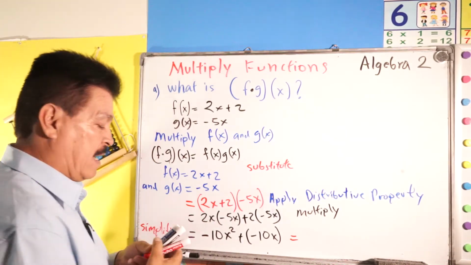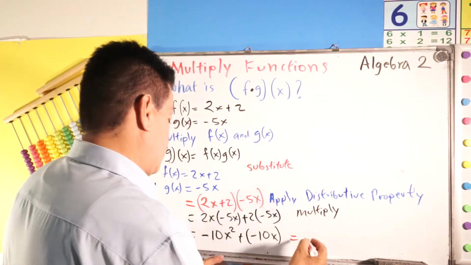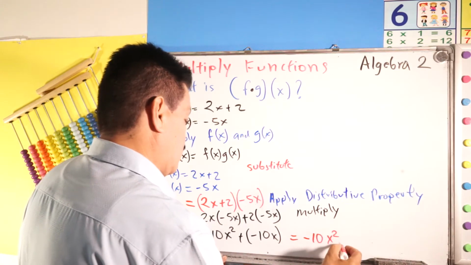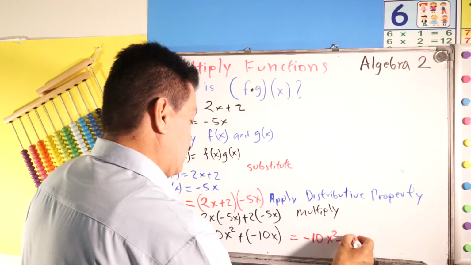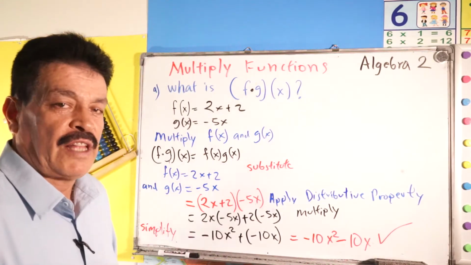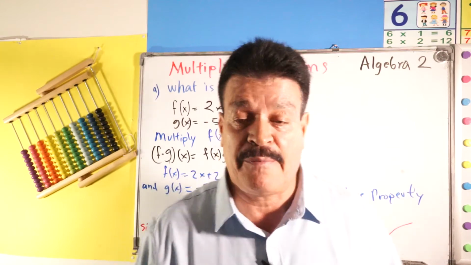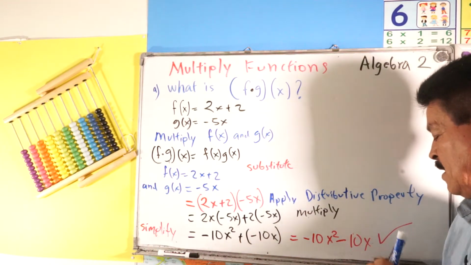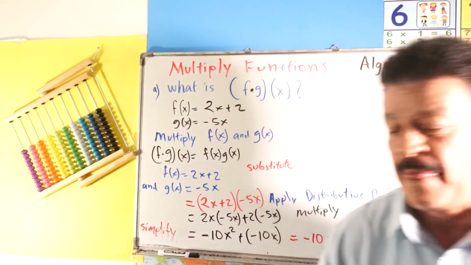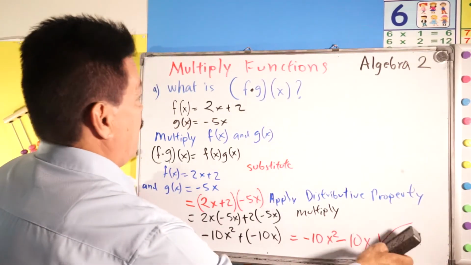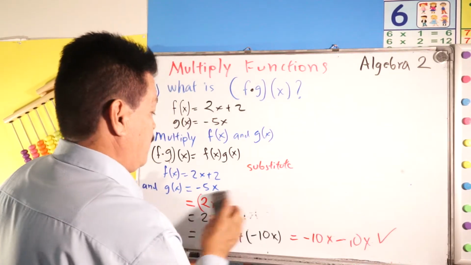When you simplify, our answer is negative 10x to the second power minus 10x. So this is our conclusion. All right. Okay, let me erase this problem, and then I will explain another one.